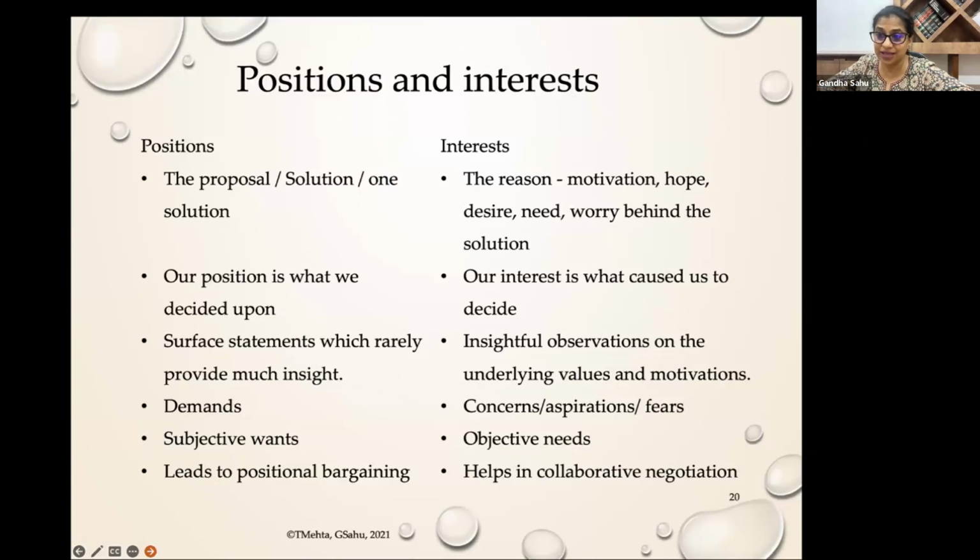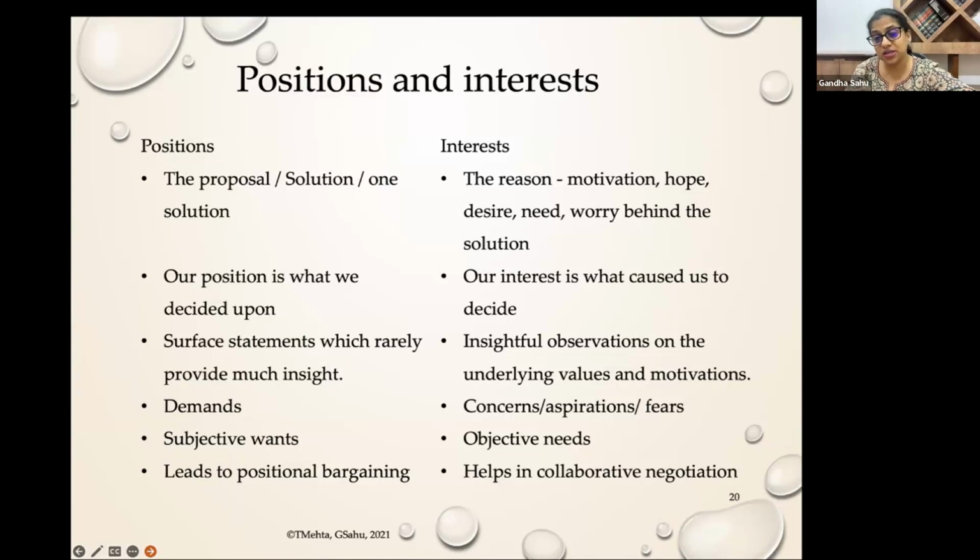He had filed a case for encroachment. If you saw the initial case, it was encroachment. But what he actually was looking for was respect and belonging, because the compensation that was offered was good. It was the same compensation he eventually took. But what he got was a sense of belonging. That is what he was really looking for. Our position is what we have decided upon.